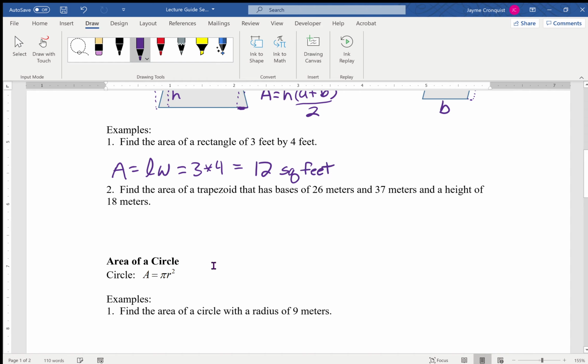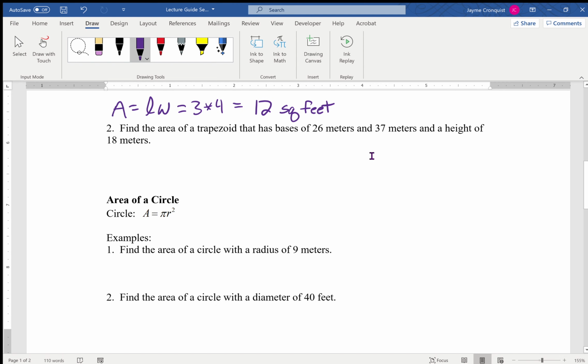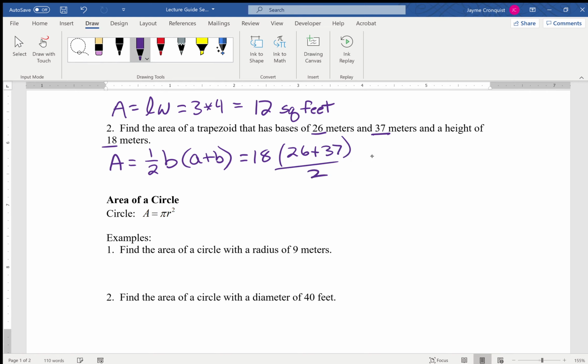feet. Find the area of a trapezoid that has a base of 26 meters and 37. So these are the ones we have to average. So the area of a trapezoid was the 1/2 base A plus B. So those are A and B. And the height is 18. So I have 18 times 26 plus 37 over 2.